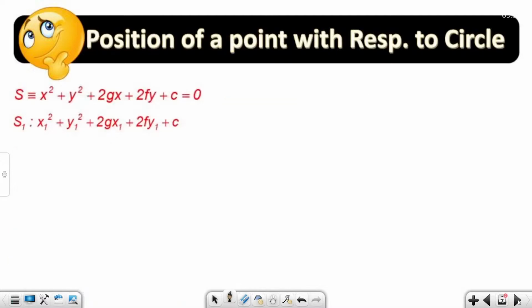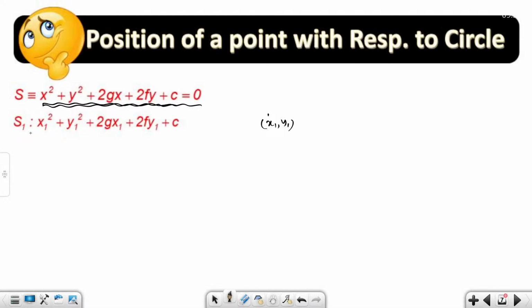Okay, so the next thing that we have covered is the position of a point with respect to a circle. When there is a circle, the equation of the circle is this. And what is S1? I have given you one point x1, y1. Now I am simply putting this point in this given expression of the circle equation.